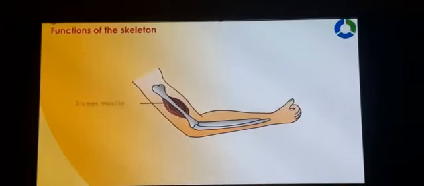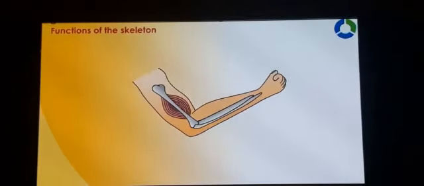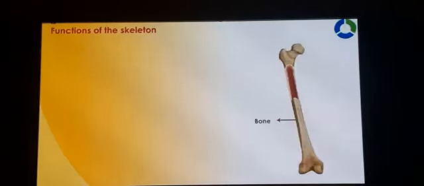The muscles are attached to the skeleton, and this makes movement possible. The long bones of the skeleton contain a cavity filled with soft, fatty material called bone marrow.